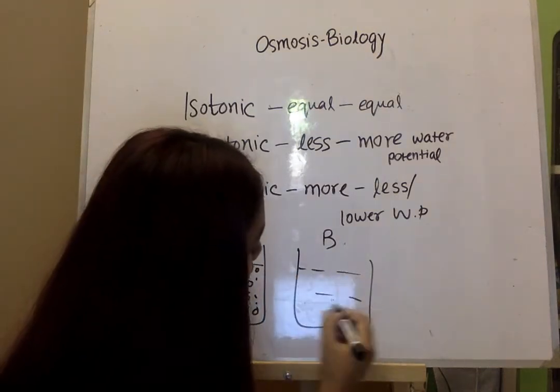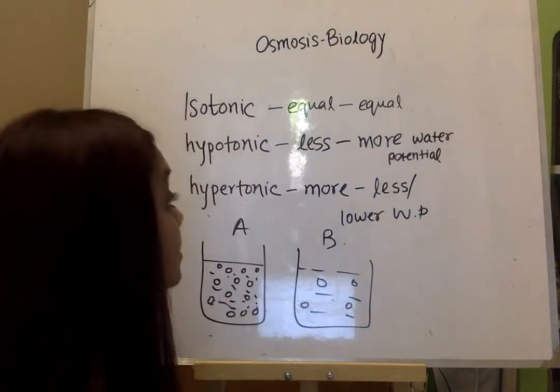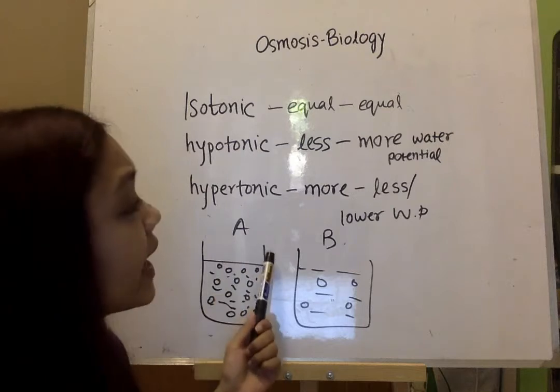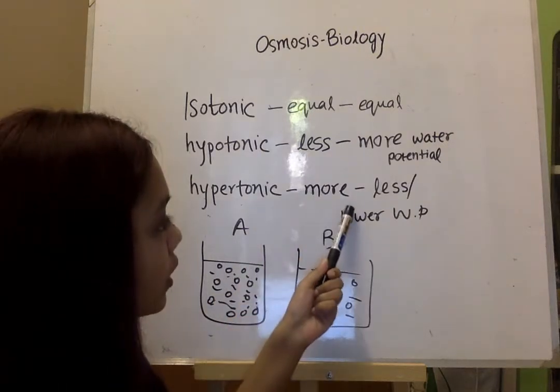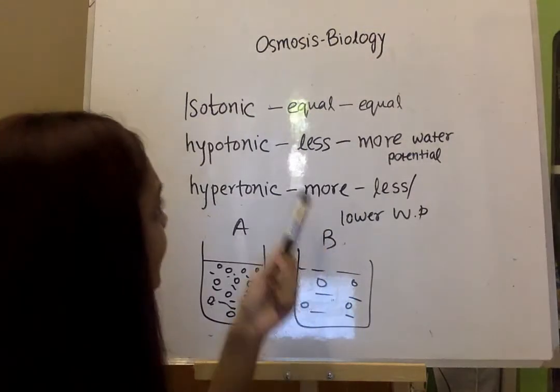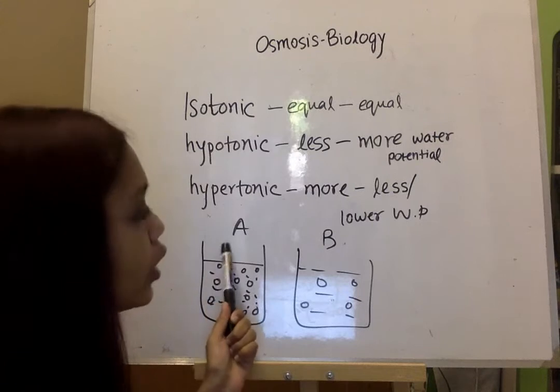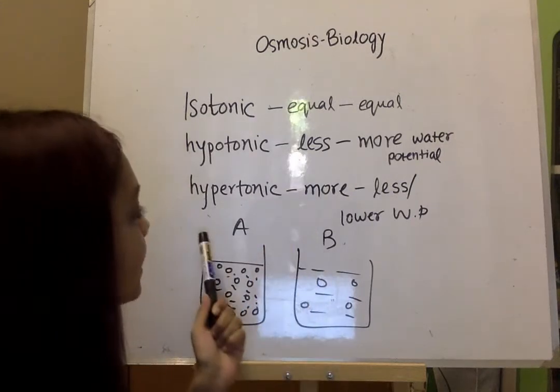In B, we don't have that many solutes. So it means that A is hypertonic to B because A has more concentration of solutes than B. And B is hypotonic to A, which means that B has less concentration than A.